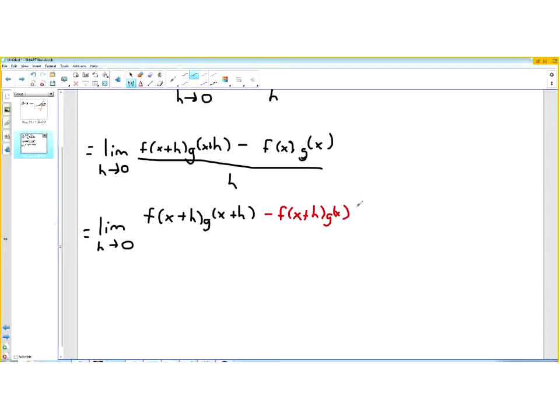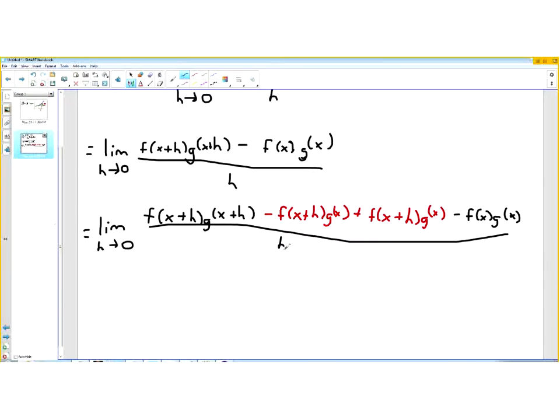And if I subtract something from the numerator, I must add it back in to cancel its effects out so that we don't lose the original function. So I'll subtract and add these two terms, and then plug in the rest of the original function. You can see I haven't changed anything. All I've done is subtract and add the same term to my difference quotient.